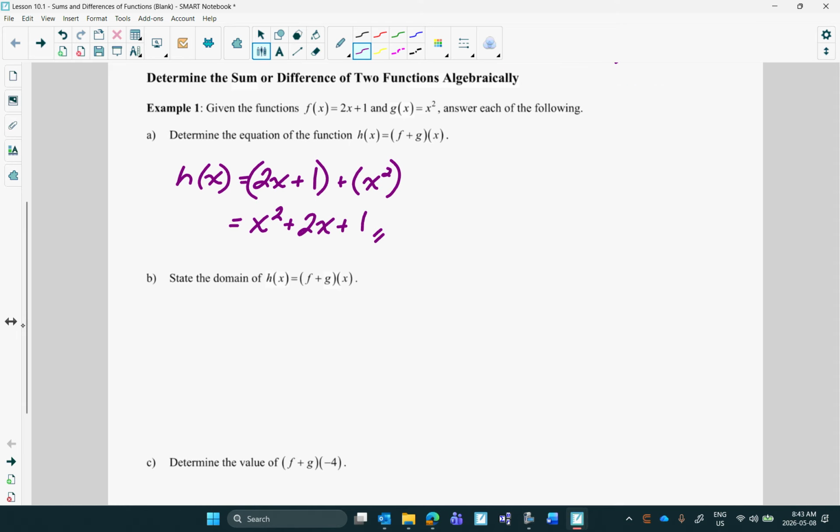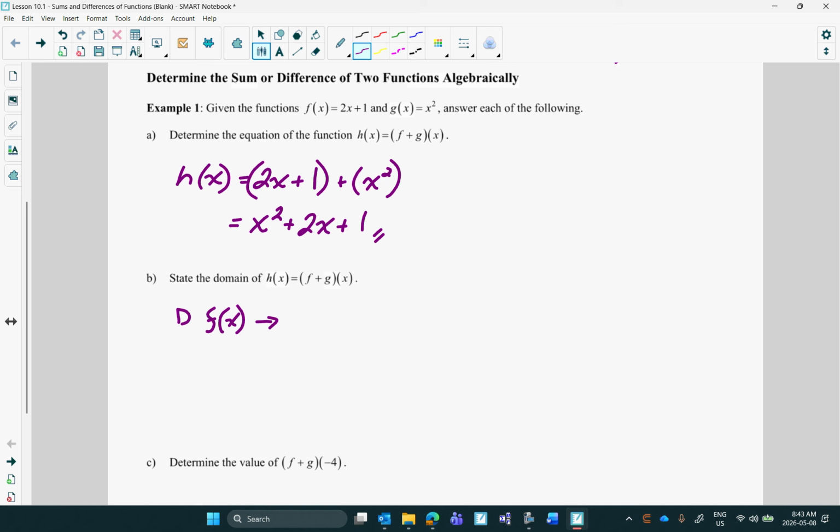One thing you can be asked is to find the domain of the combined function. Well, think about it this way. If you were to graph this, what would it look like? What shape would it be? If it's linear, a line.